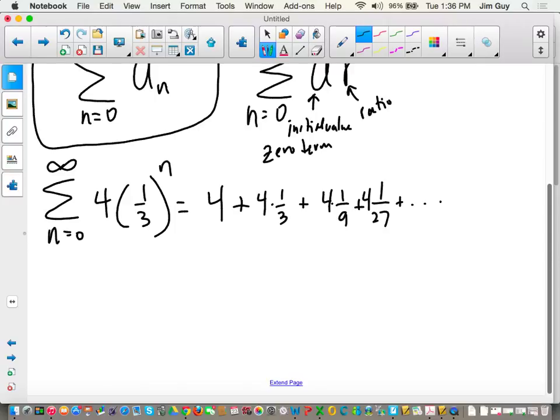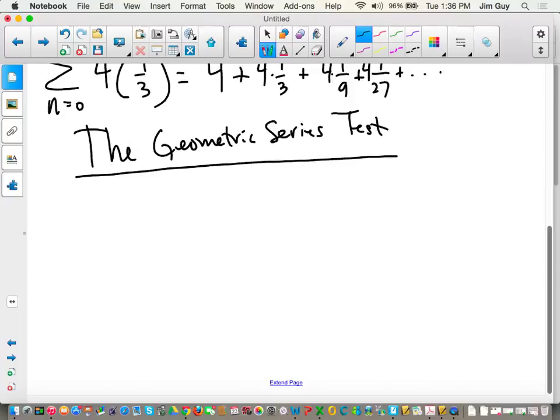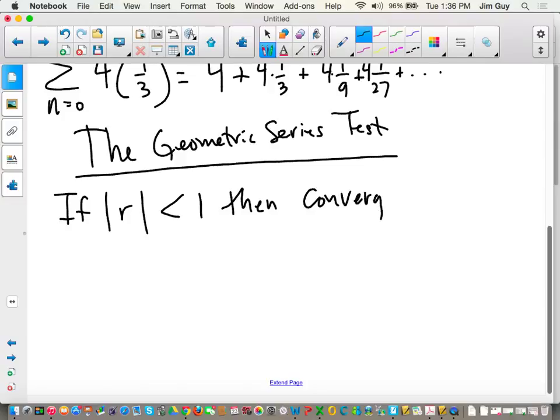So this is technically the first test. This is called the geometric series test. And it simply says, look at that r value. If the absolute value of r, because you can have a negative r and you're still okay, but the absolute value of r has to be less than 1. If that's true, then it will converge.